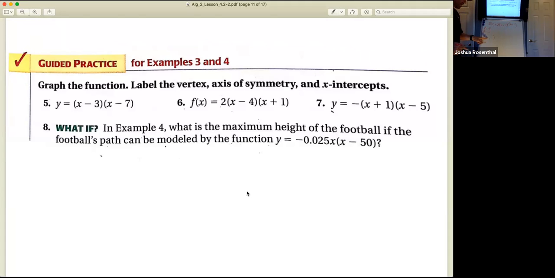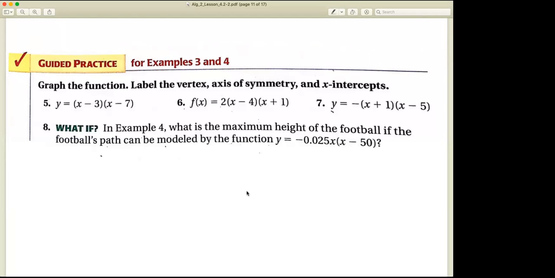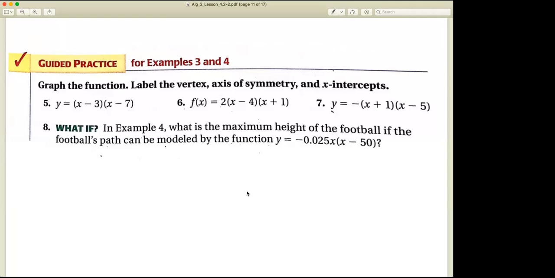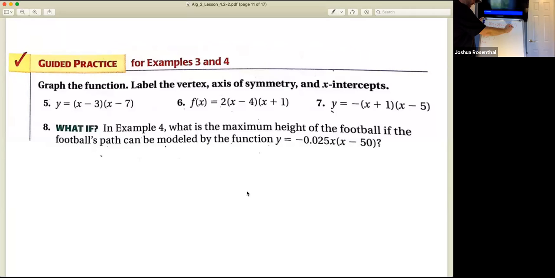The x coordinate of the vertex is the average of p and q. So you come back up here and average these two numbers. 4 plus negative 1 is 3. 3 divided by 2 is 1.5. You plug that in for x here. So 1.5 minus 4 is negative 2.5. And then negative 1, positive 1.5, so this is 2.5.